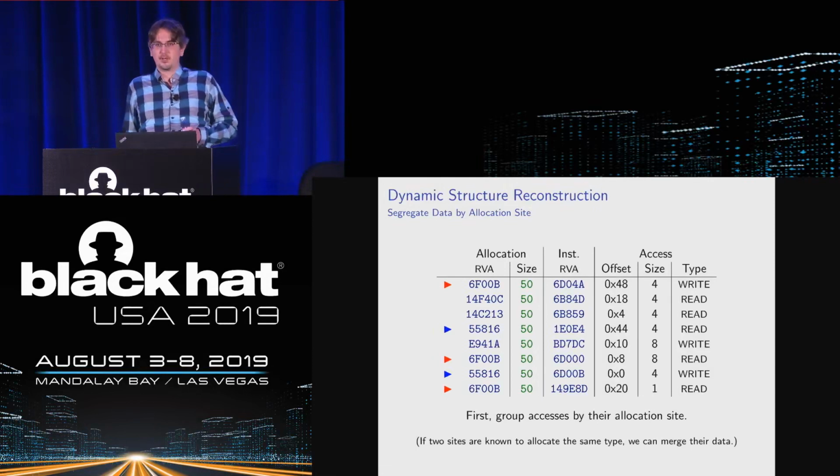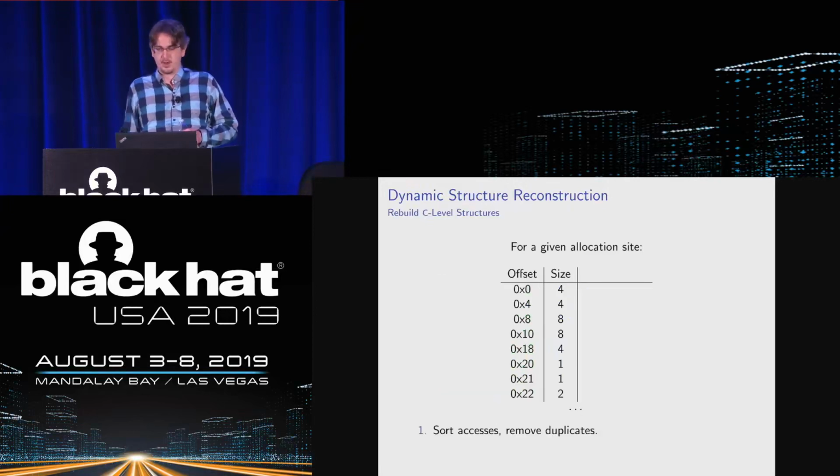And at this point, if we happen to know for some reason a priori that two sites allocate the same data type, we can just merge their data together. And now we can take this information and rebuild structures from it.